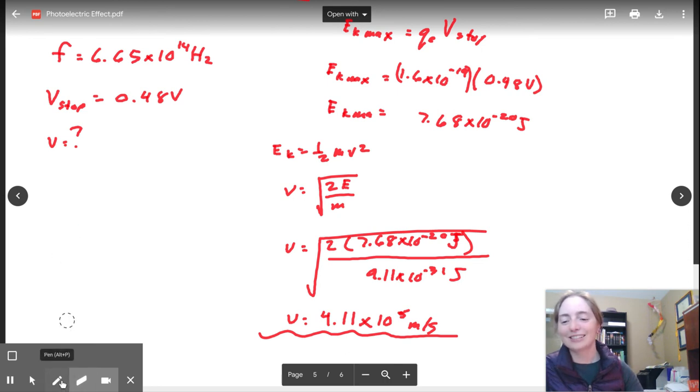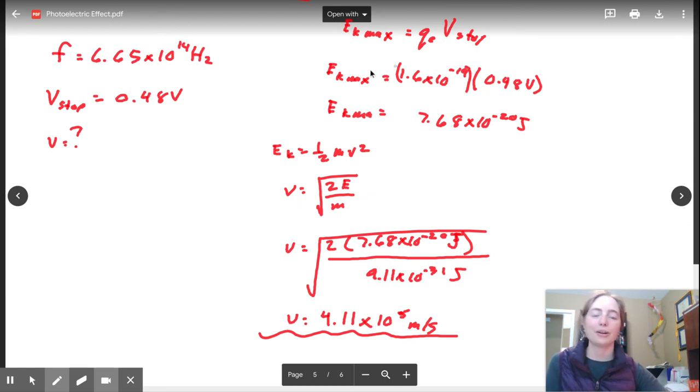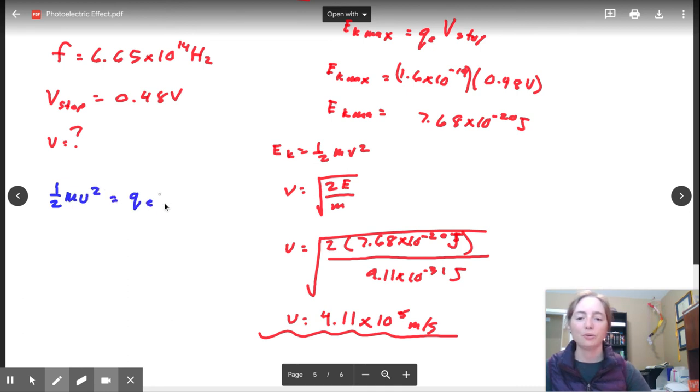So, ladies and gentlemen, let's look at the alternate method of making one lovely big equation via substitution. I'm going to take this equation here, and I'm going to substitute my EK max with 1/2 mv squared, which is going to equal QE V stop. And then I'm trying to find V, so once again, multiply by 2, divide by m.